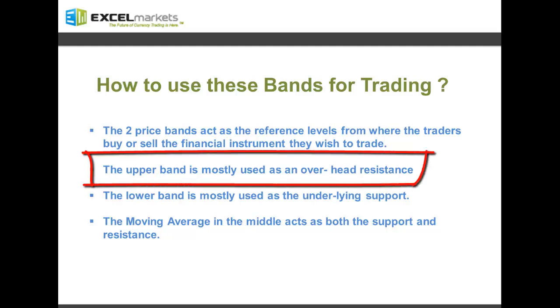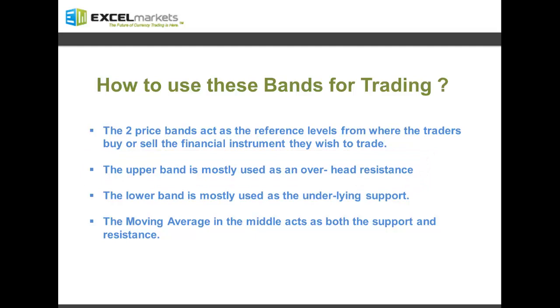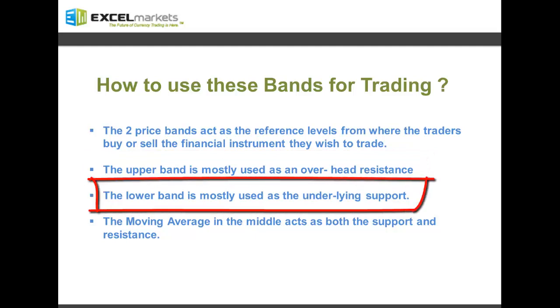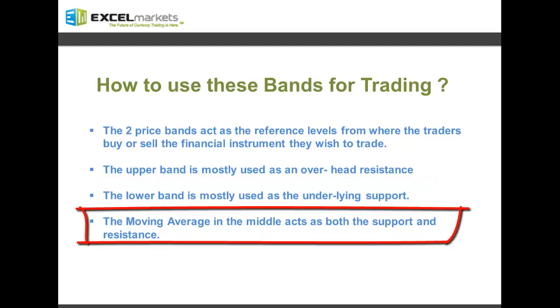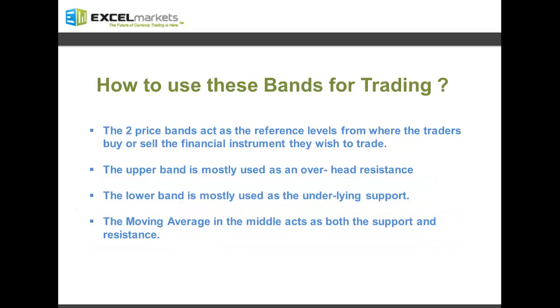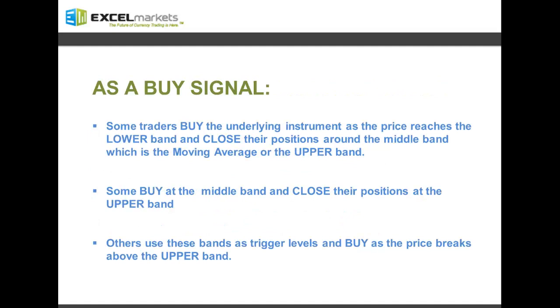The upper Bollinger Band is mostly used as an overhead resistance, while the lower band is used as the underlying support. The moving average in the middle acts as both the support and resistance level depending on the current market price. Let's see how the Bollinger Band indicator acts as a buy signal.